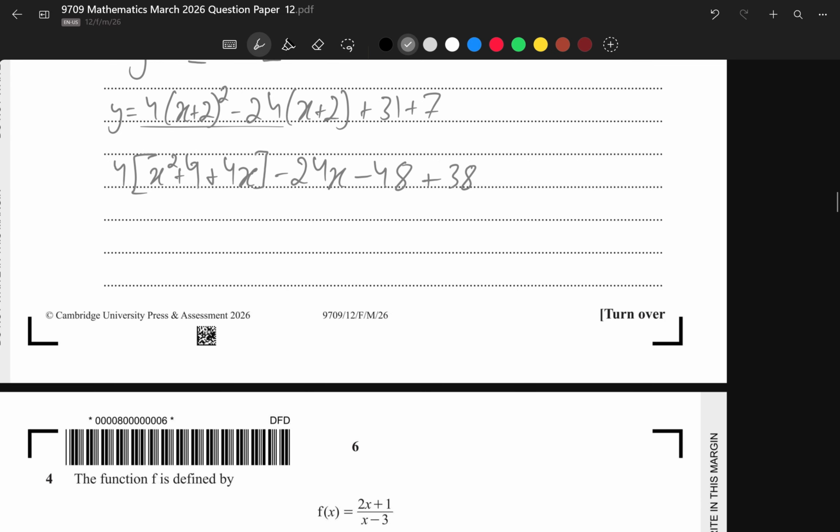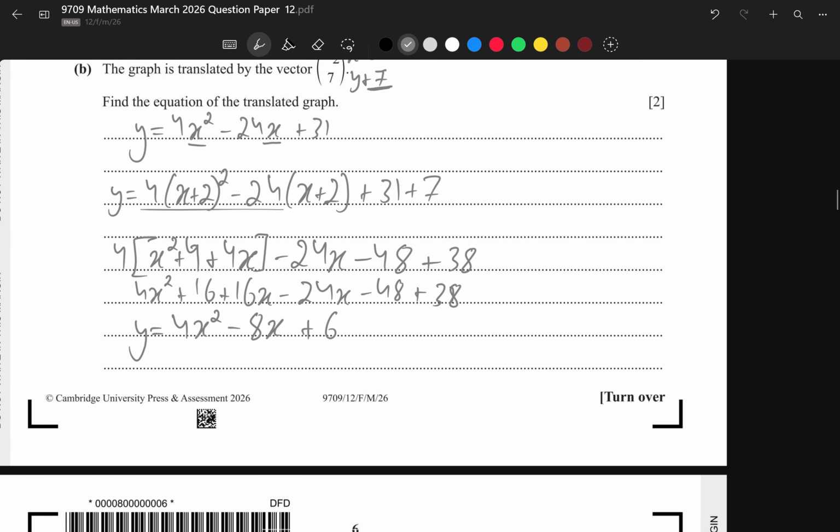And now if we multiply this, we'll get 4x squared plus 16 plus 16x minus 24x minus 48 plus 38. And now if we solve these, we'll get the final answer as y is equal to 4x squared minus 8x plus 6. So this is the final translated graph.